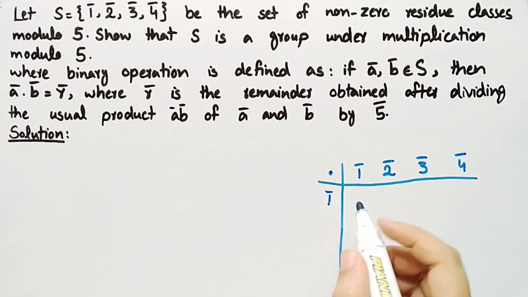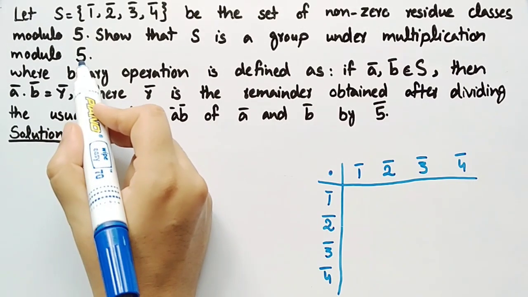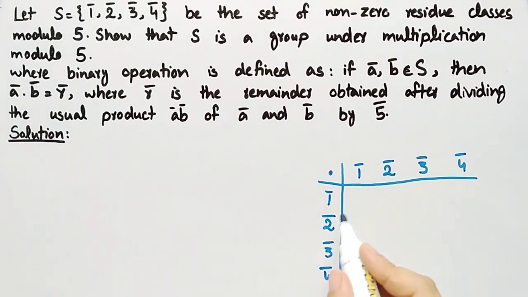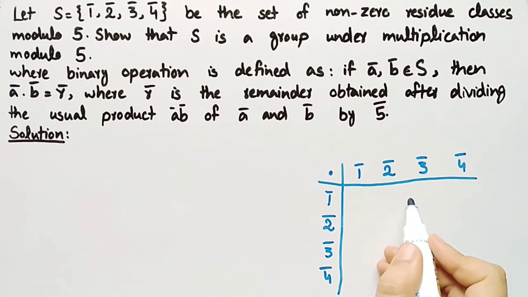Since the modulus is 5, after multiplication, if we get an answer equal to or greater than 5, then we will divide it by 5 and write the remainder as the answer.